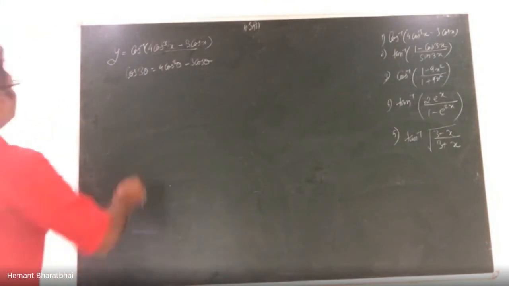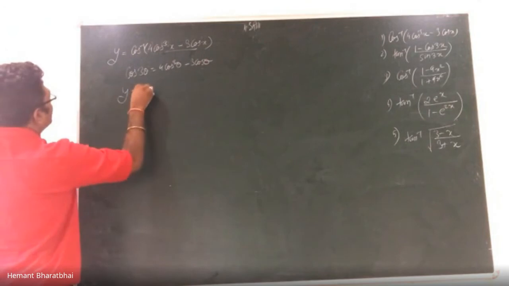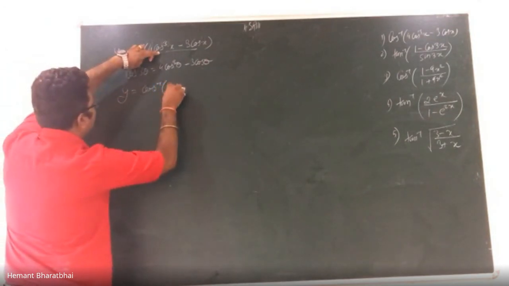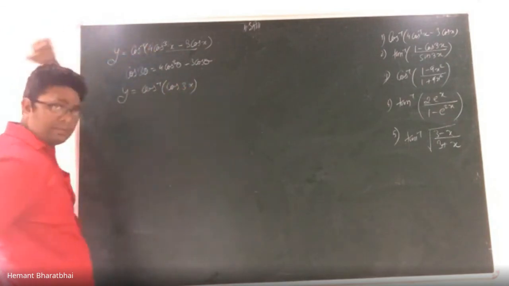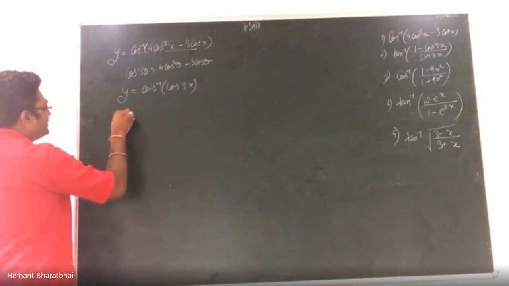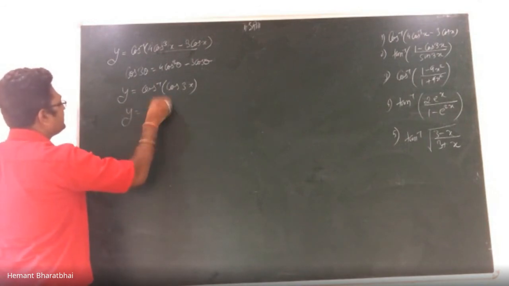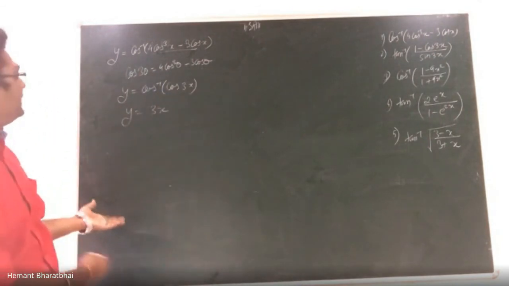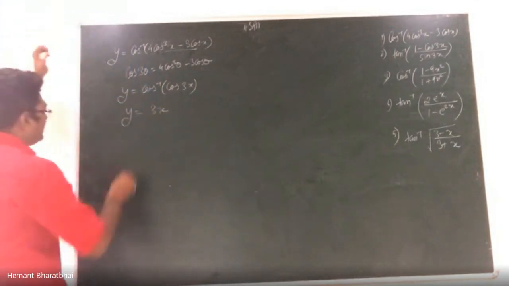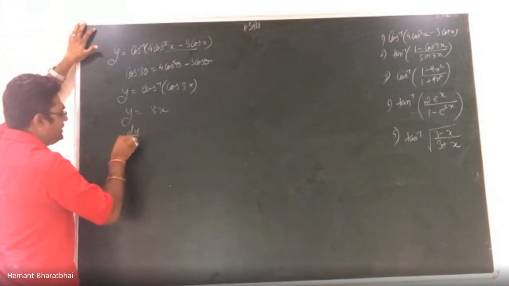So I can write y is equal to cos inverse of, instead of this entire thing, cos 3x. Now we know that cos inverse and cos are going to cancel each other, so I'll get y is equal to 3x. See, it became very simple. Cos and cos inverse have cancelled out each other, and now taking the derivative will be very easy.